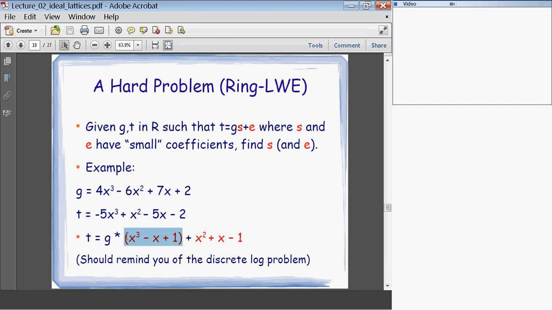In that sense, those of you who are well familiar with the discrete log problem, this operator finding S is somewhat similar to finding the discrete logarithm in the case of elliptic curves.